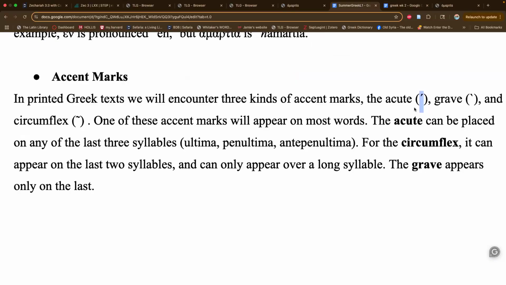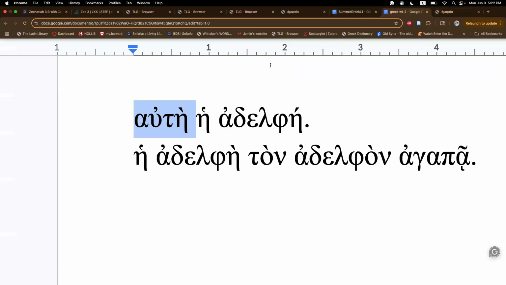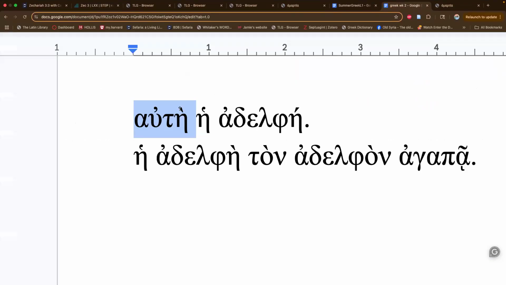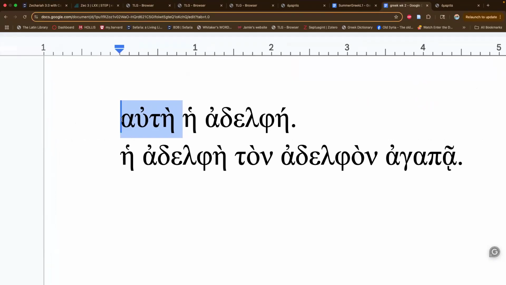And I'll say basically every word you see will have an accent. So if we look here, we see each one has one accent, not to be confused with the breathing marks, which are apostrophes. These are just little marks. These tell you where to put the emphasis on a word. So, for example, if I look here, because the accent is on the last syllable, I would say it with the emphasis at the end.